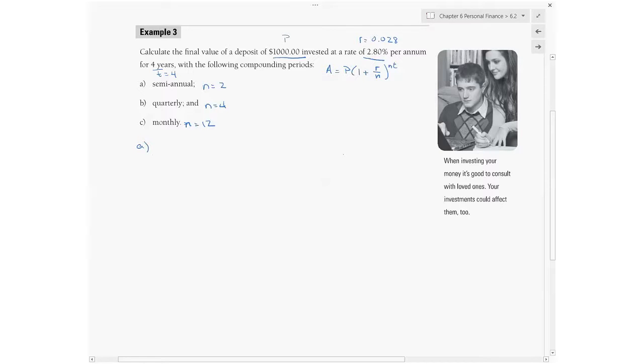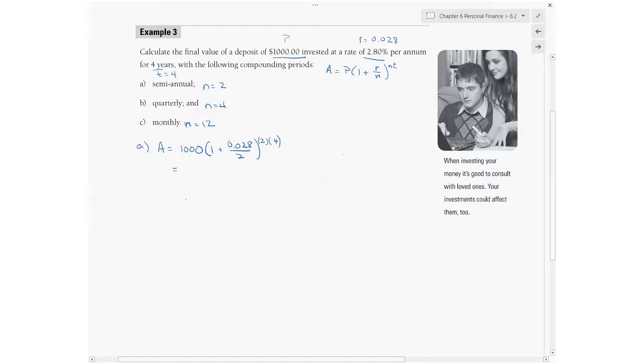So let's see. A is equal to, in this case, 1,000 times 1 plus the rate, 0.028. It's being compounded 2 times a year, and 2 times t, which is 4. And again, make sure that you know how to put this into your calculator, and if you're trying it and you're not getting the same answers I'm getting here, make sure you're talking to me to see if we get it.